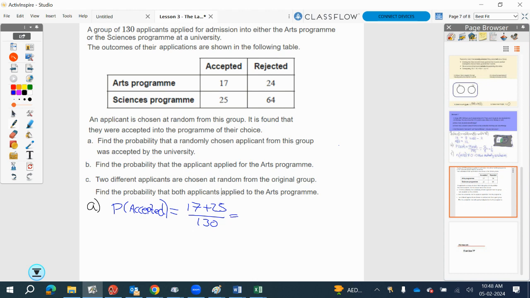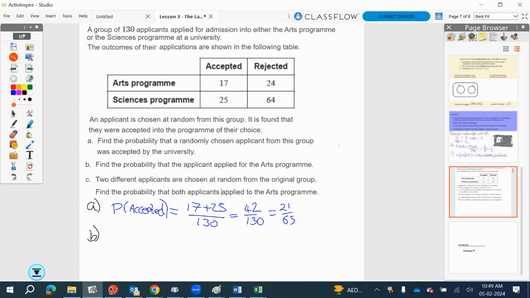So that's 42 over 130. Can we simplify that? Put it into your calculator. 21 over 65.